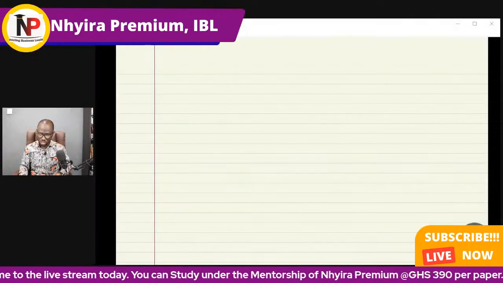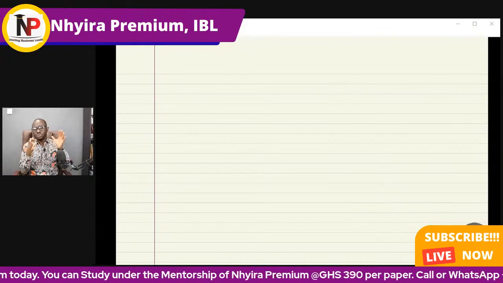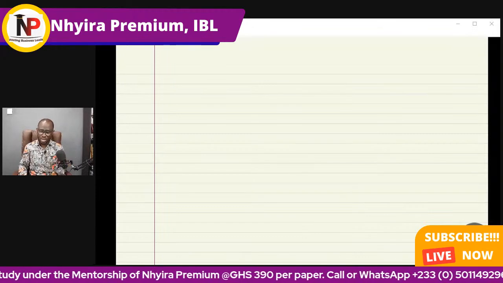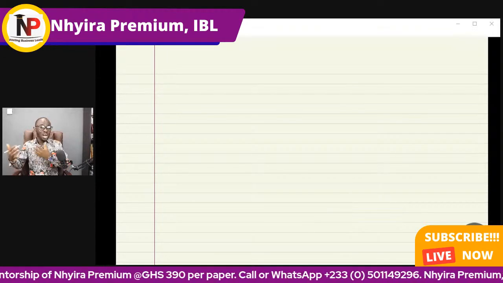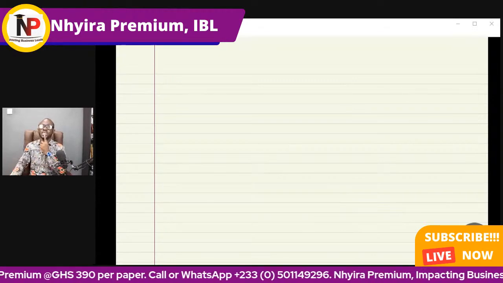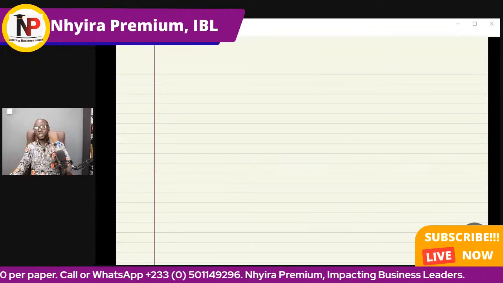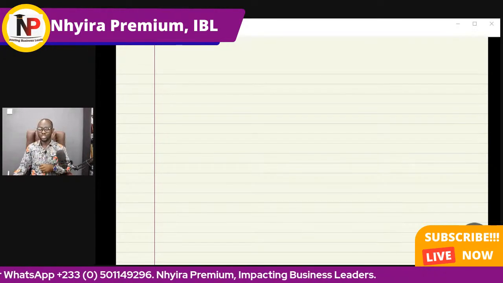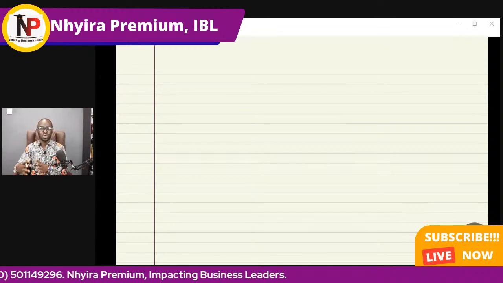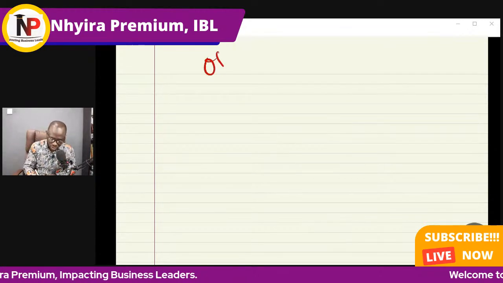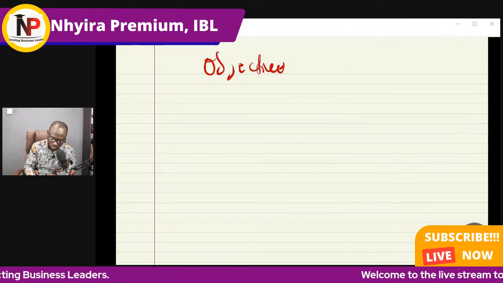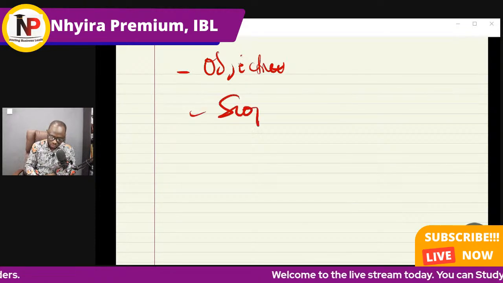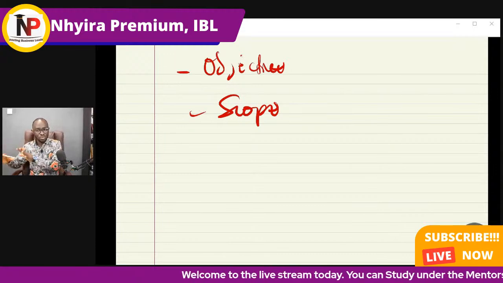Let's get into our discussion. Now, like I told you when we started with the journey on IFRS, when you take accounting standards, there are a number of things that you need to know about. Number one is the objective of the standard. Number two is the scope of the standard, what it covers, very important.